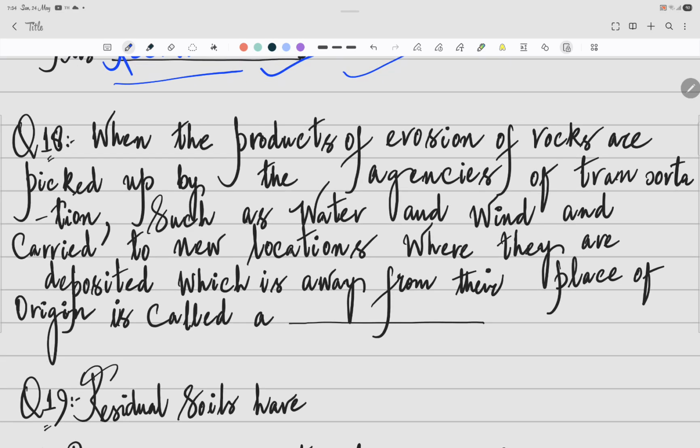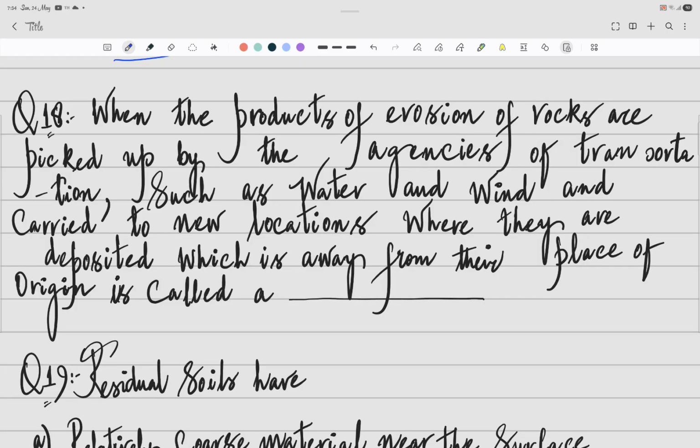Moving on. Question number 18 says, when the products of erosion of rocks are picked up by the agencies of transportation, and some agencies of transportation in case of soils can be water, wind, gravity, glacier, or the combined action of all these four.